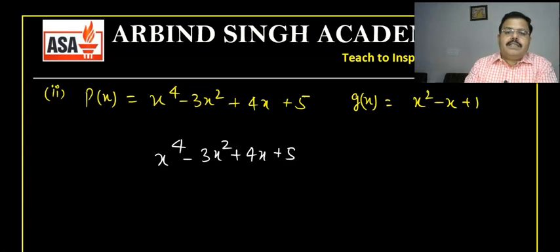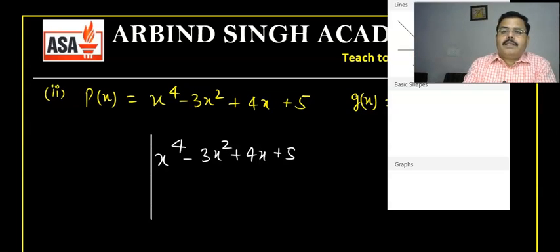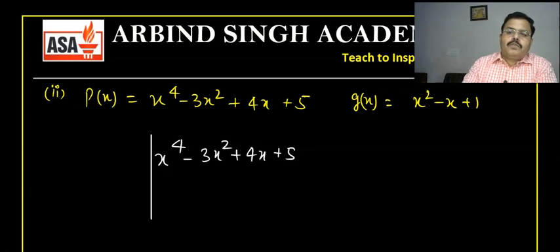You can write it like this also. So here the divisor is x square minus x plus 1.